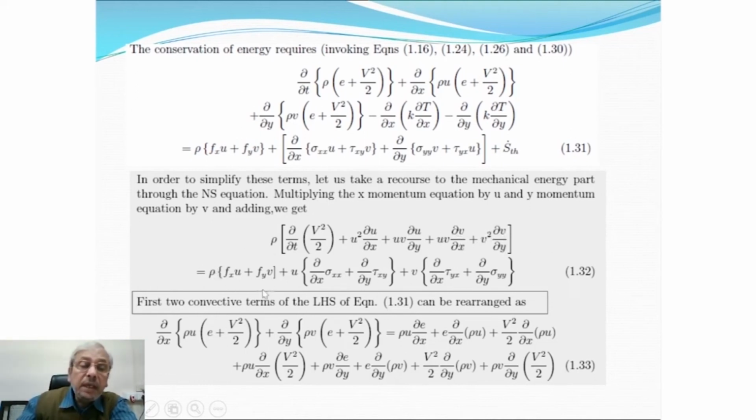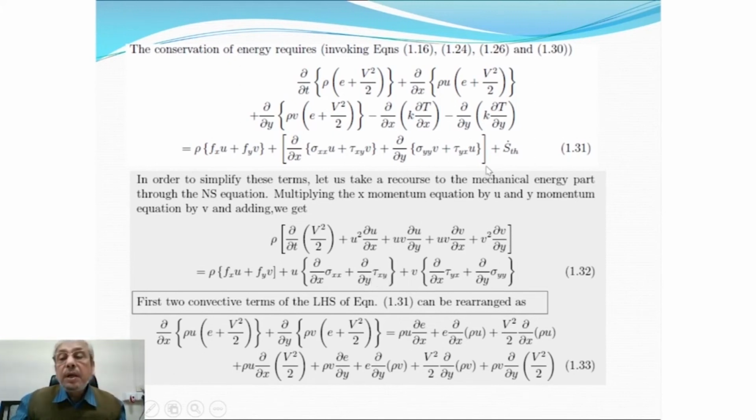Again, on the right hand side, body force terms arising out of body force multiplied by the velocity components, and these are basically the surface forces. That means the normal stress and shear stress multiplied by the areas and then multiplied by the velocities. We'll get this term on the right hand side.